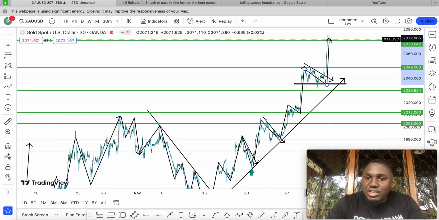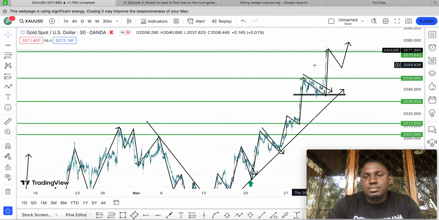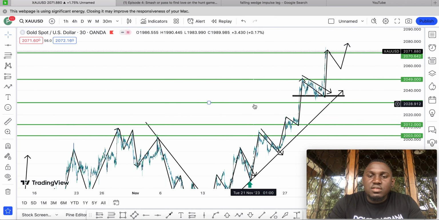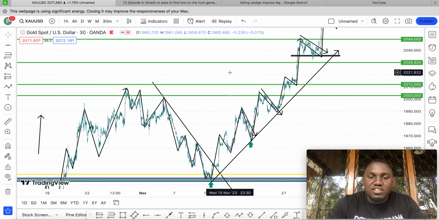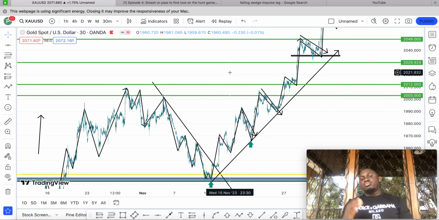Still is going to keep another higher low, and I'll be looking for more opportunities to the upside. This is a clear example of what I just explained now. How price is going to break the trend and reverse it to the upside.